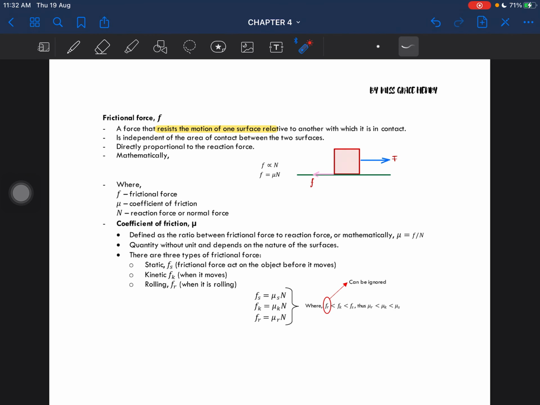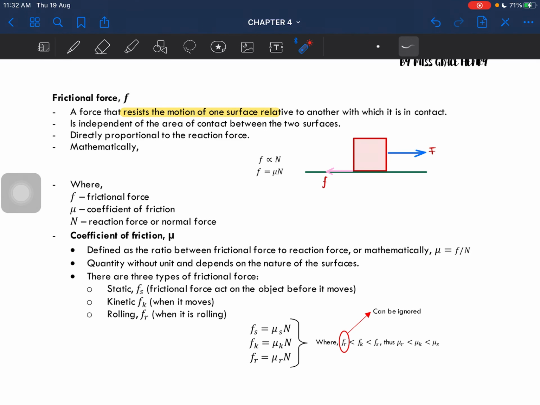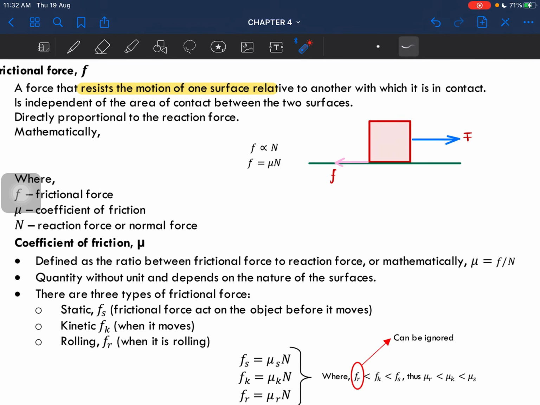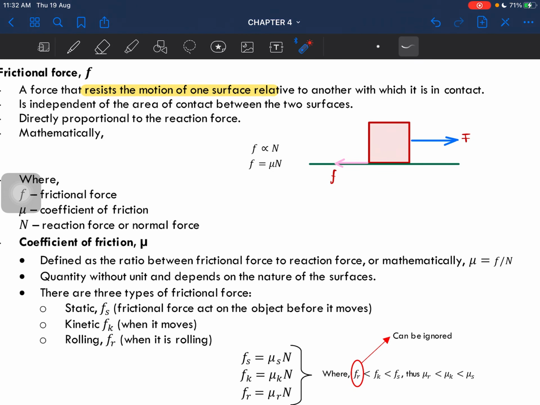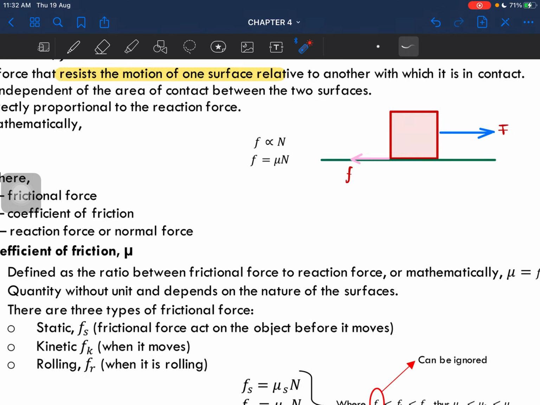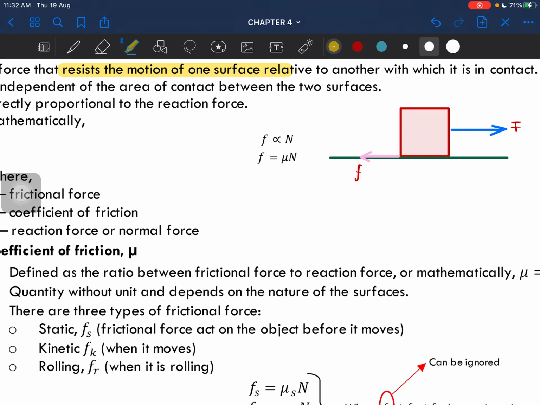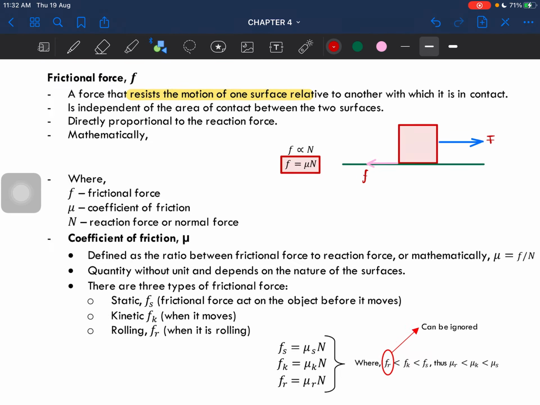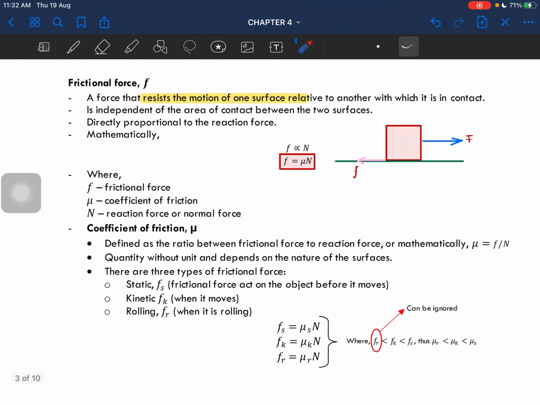What's most important is that it is always going opposite of the force. And then it is directly proportional to the reaction force. So mathematically we can calculate the frictional force by using this equation. Here mu, the coefficient of friction, is usually given, or sometimes it will ask you to find it.